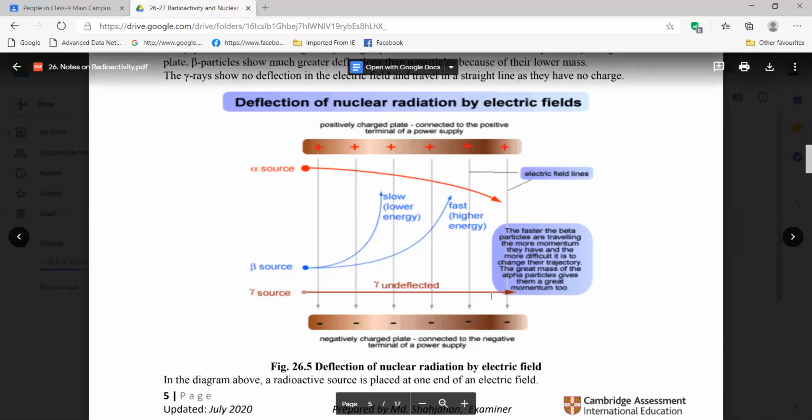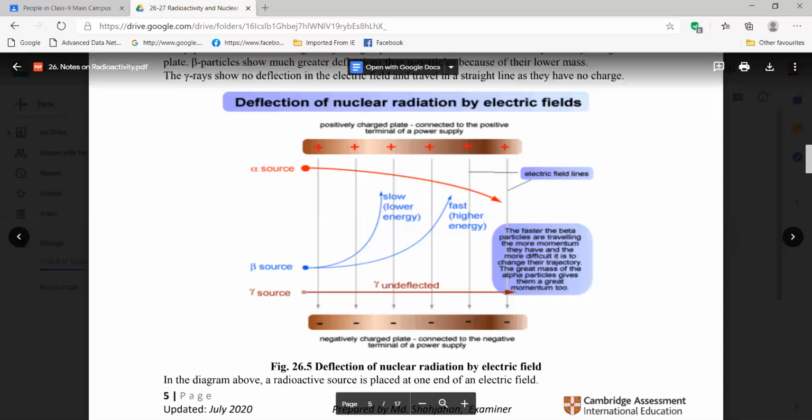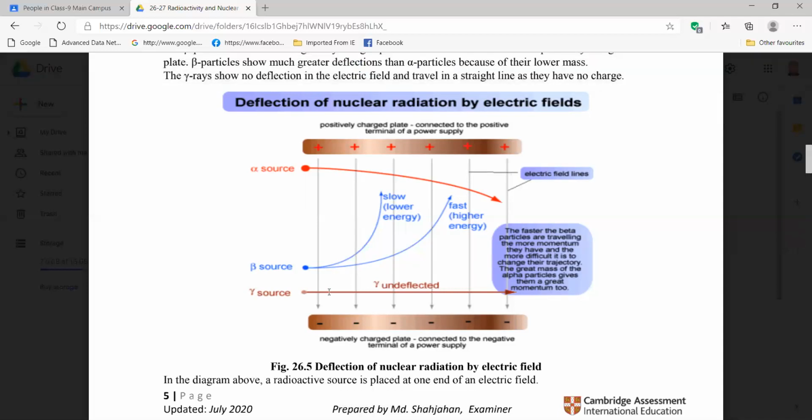It's going straight. So is it clear to you? So when they ask you to draw the gamma direction or the gamma's movement inside an electric field, that time you will draw a straight line like this. So all are clear, right?